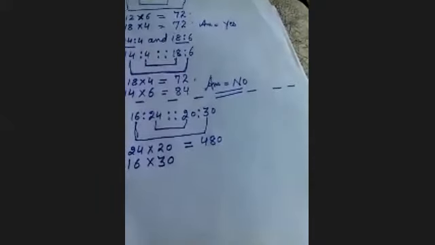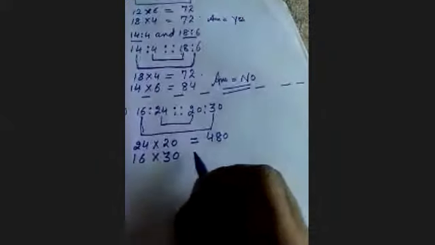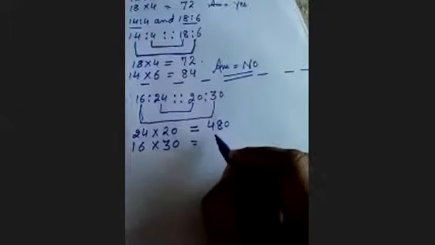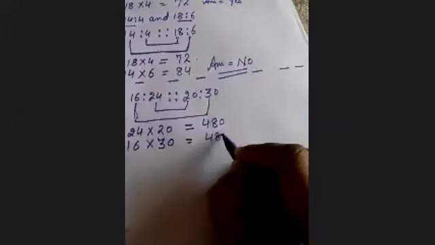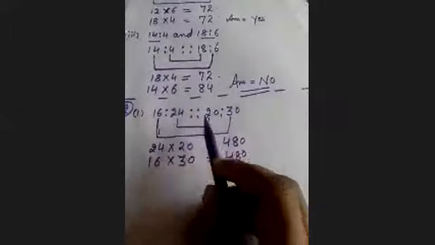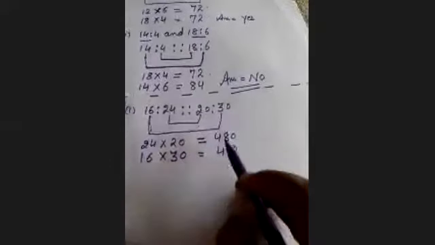Next, 16 multiplied by 30 is equal to 480. So the product of mean terms and the product of extreme terms is equal. So this statement is true.